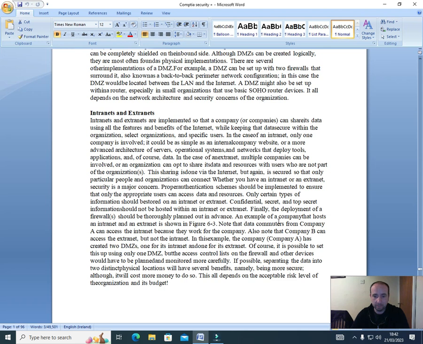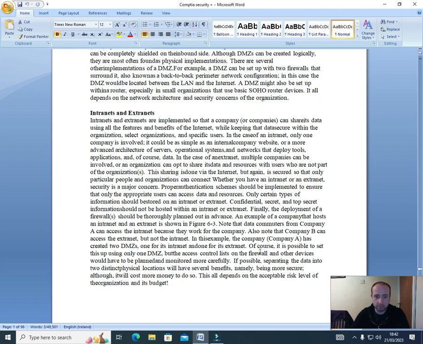An example of a company that hosts an intranet and an extranet is shown in figure 6.3. Note that computers from company A can access the internet because they work for the company. Also note that company B can access the extranet but not the intranet. In this example, company A has created two DMZs, one for its intranet and one for its extranet.